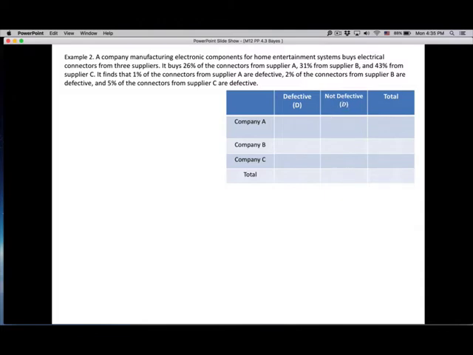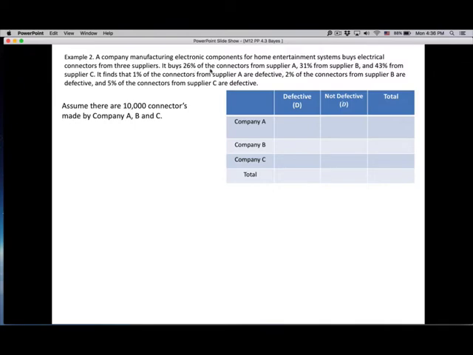And then now you need to assume a convenient value. Okay, in this example, I will assume there are 10,000 connectors made by the companies A, B, and C. So the total has to be 10,000. And then use this information to fill in the table here.